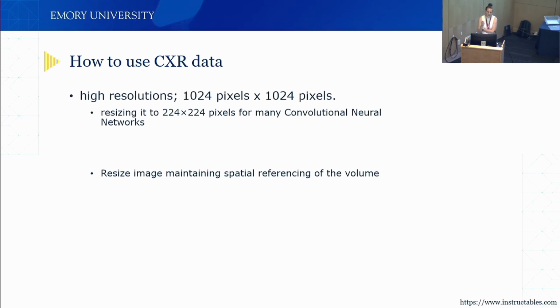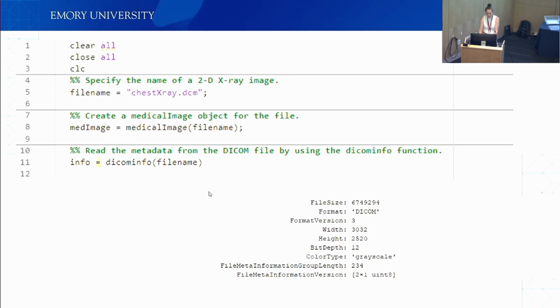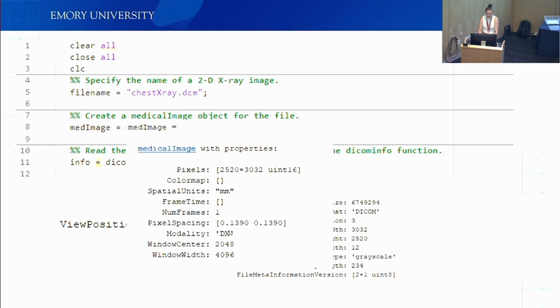So we normally resize our chest x-rays, maintaining spatial referencing of the volume. I'm probably one of the only people who prefers MATLAB over Python, sorry. So this was one of the chest x-rays, just read in. You can get the DICOM info, and then it will give you the size of the image, says it's grayscale. It's a PA one that I read in.